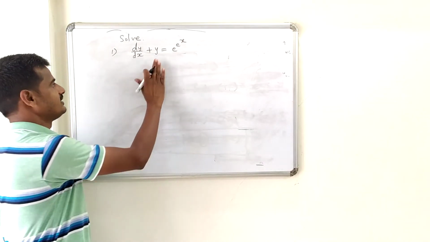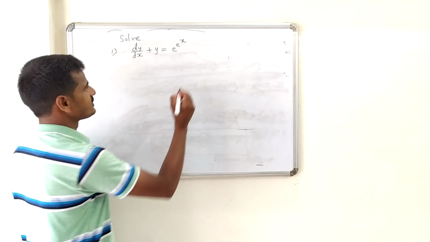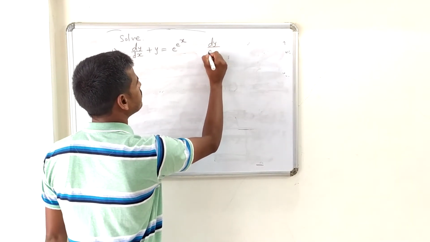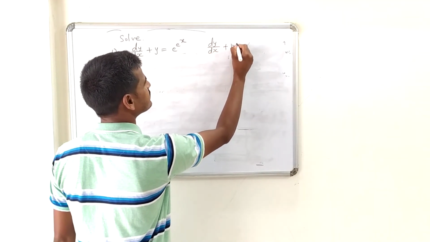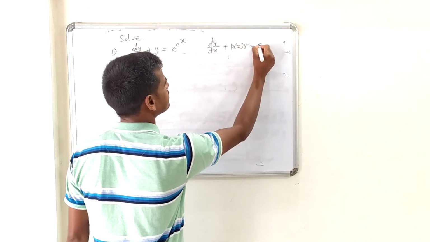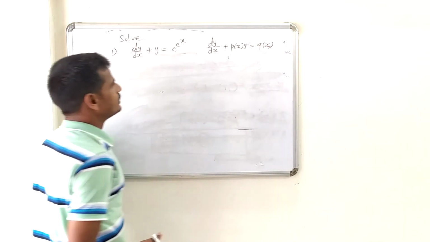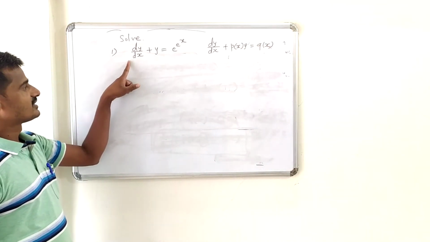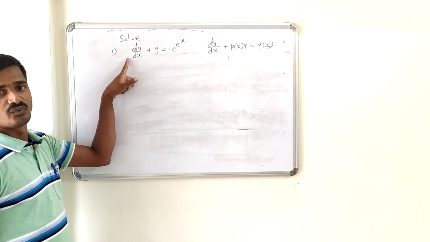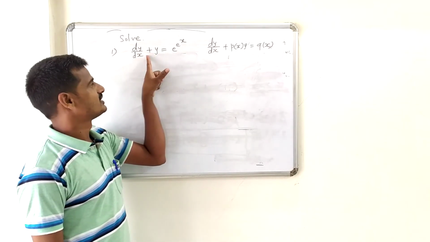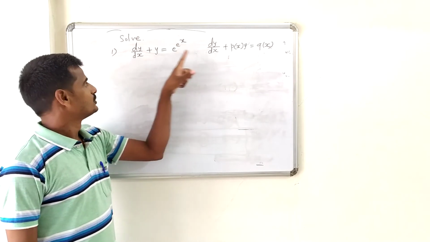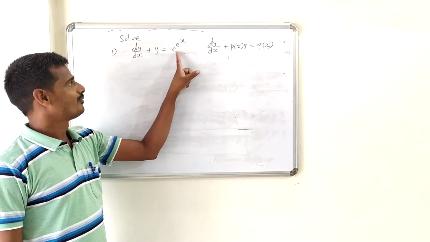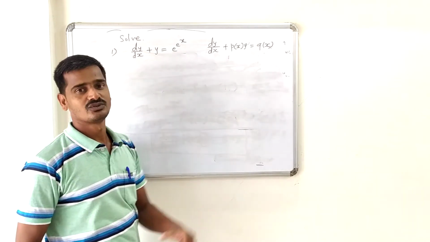First of all, check whether it is linear. The standard form is dy/dx + P(x)y = Q(x). So this is a linear differential equation, linear in y. If I compare this differential equation with the standard form, here P(x) is 1 and Q(x) is e^(e^x).